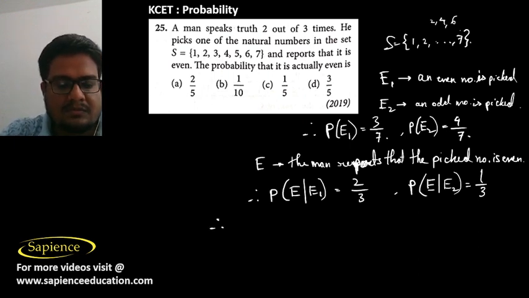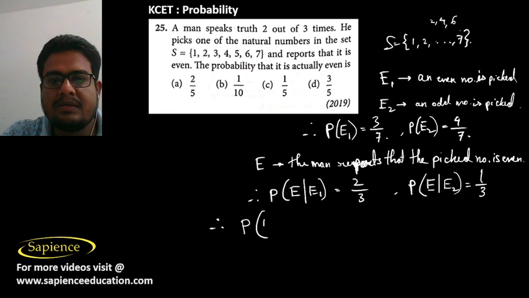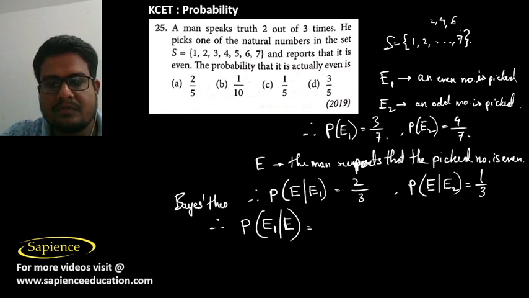So now, we have to find the probability that an even number is actually picked, given that he reports that the picked number is even. It means we have to find P of E1 given E. So here we have to apply the Bayes theorem of inverse probability.